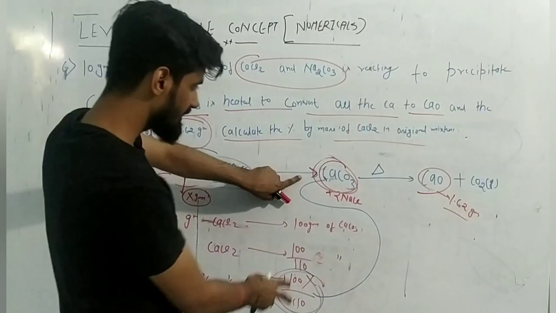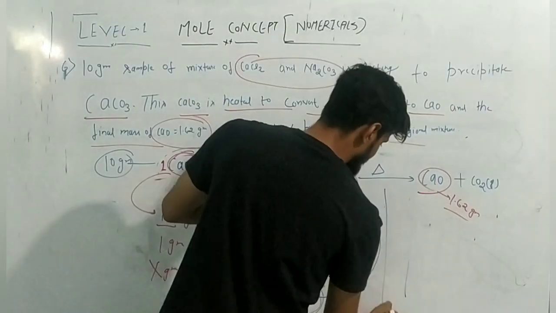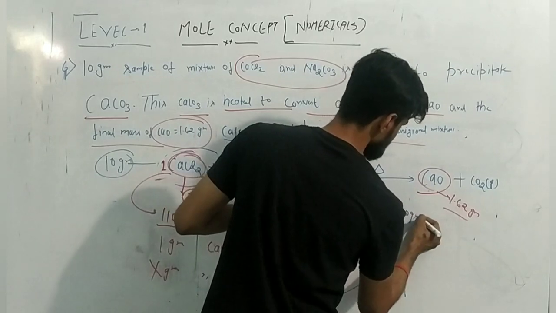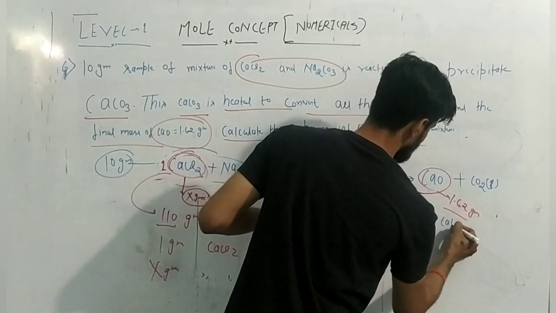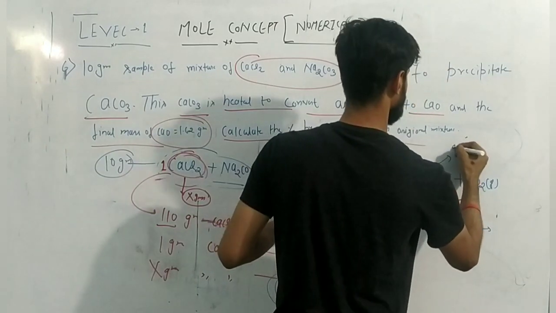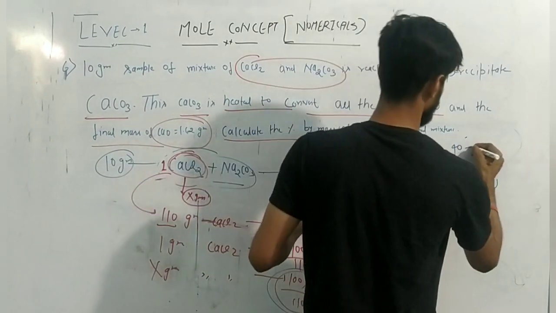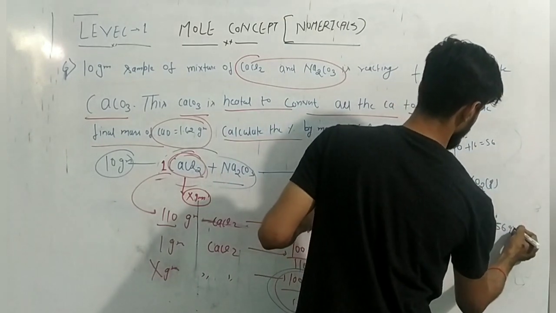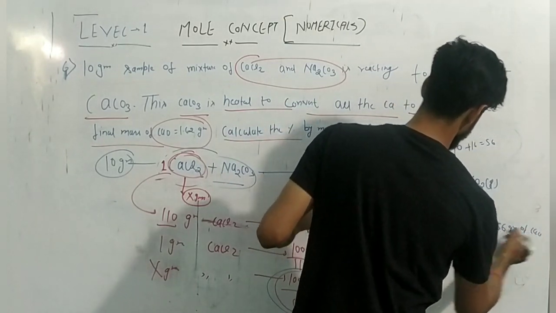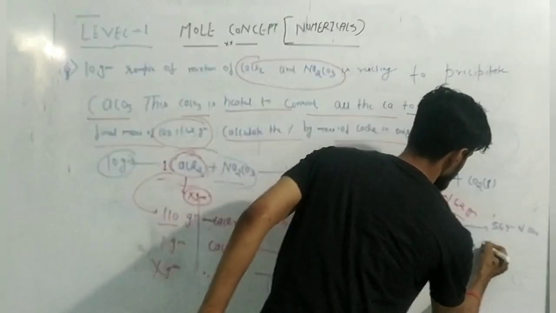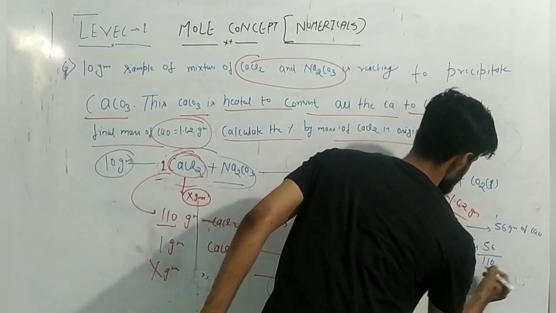Now you are heating this CaCO3. 100 gram of CaCO3 produces CaO whose molecular weight is 40 plus 16, that is equal to 56. So 100 gram of CaCO3 produces 56 gram of CaO, and 1 gram of CaCO3 will produce 56 by 100 gram.